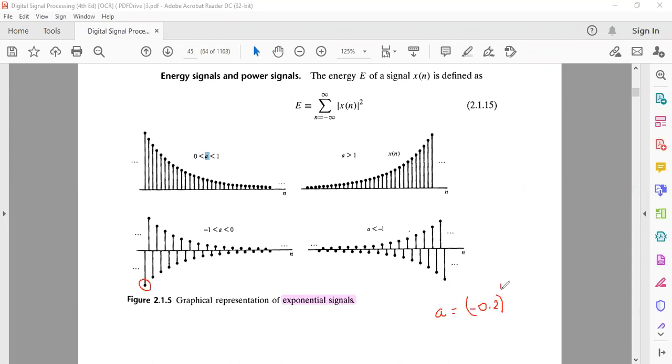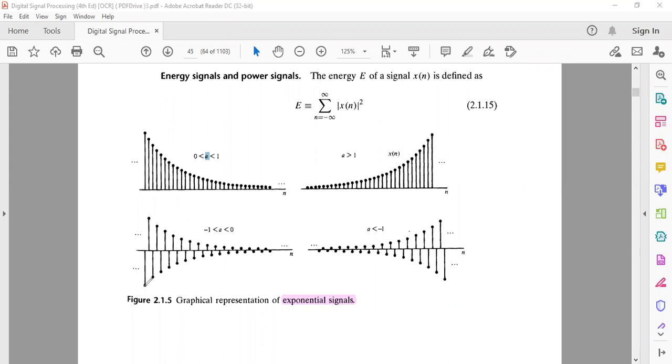When you raise it to the power of 2, it becomes a positive value, but lower than this. When you put it to the power of 3, it becomes negative again. But when you raise it to the power of 4, again it becomes positive, but definitely much smaller. So that's how we keep getting the values of this exponential function to be like this.